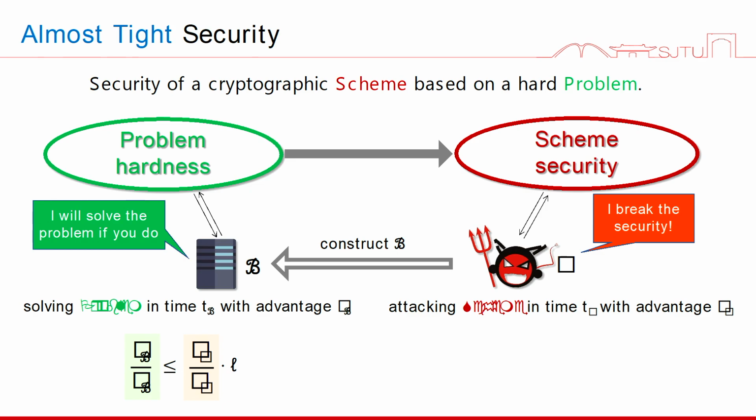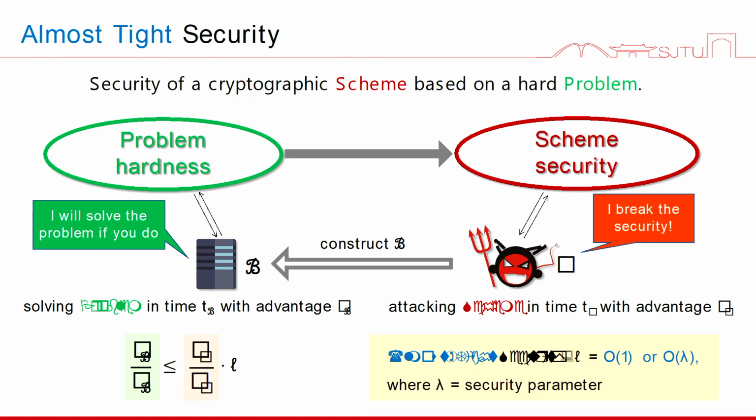A security reduction turns any adversary attacking the scheme in time TA with advantage epsilon A into an algorithm B solving the problem in time TB with advantage epsilon B. It establishes an inequality between TB over epsilon B and TA over epsilon A with a factor L. If the loss factor L is a constant or at most linear in the security parameter lambda, then we call it tight security or almost tight security, respectively.